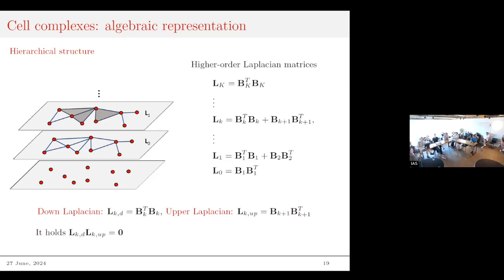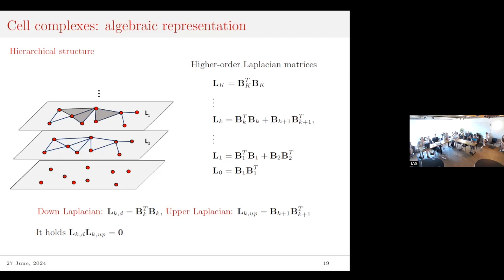In this case I am in the node domain, because L0 is an n by n matrix. We are in the node domain and we are able to process a signal in the node domain. We can go beyond it and we have L1. L1 is the first order Laplacian. In this Laplacian, we have cells of second order. We are in the domain of the edges.